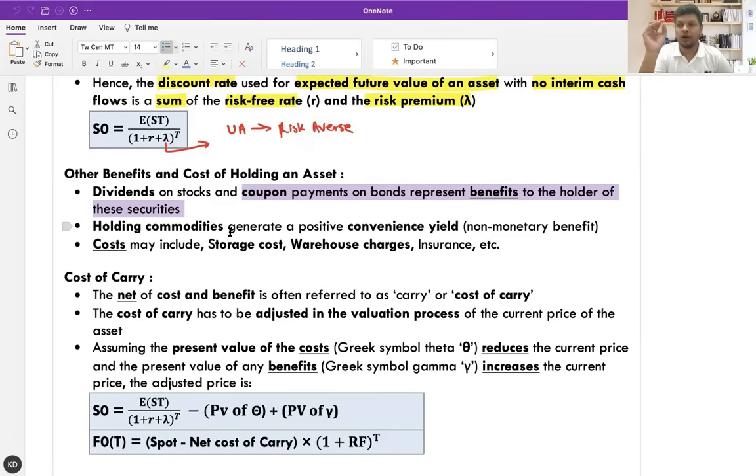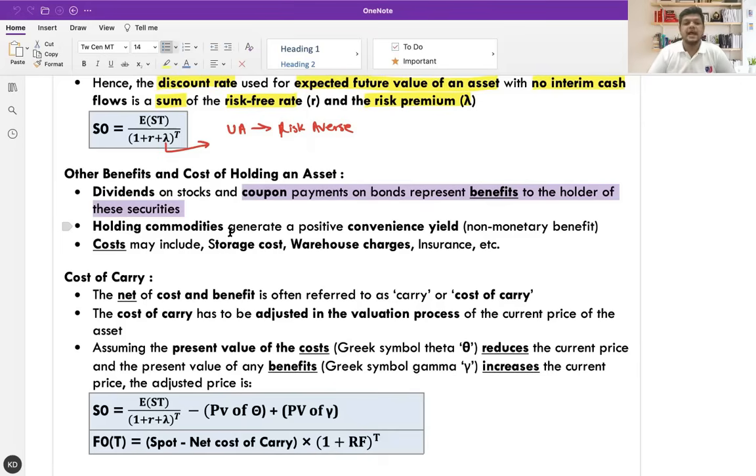Am I clear? So overall, if we look at the risky assets, there are some benefits also, and there are some costs also. Can you tell me what are the benefits that we have here? Yes, we can have benefits like dividends or coupons. But then there are costs also, which can be like the storage cost, right?